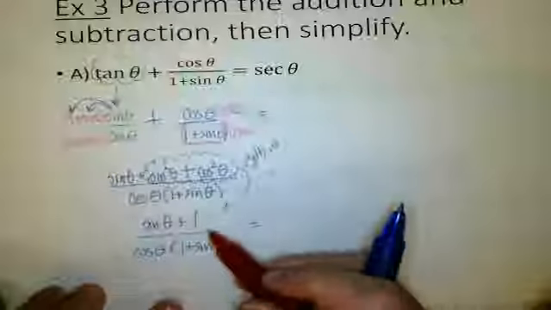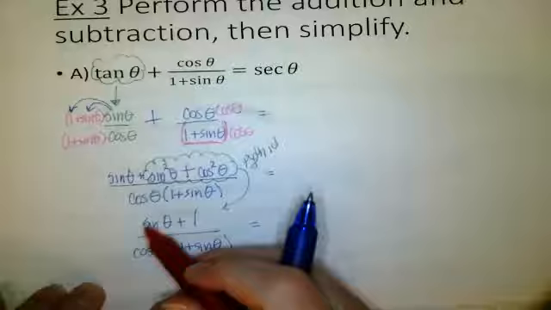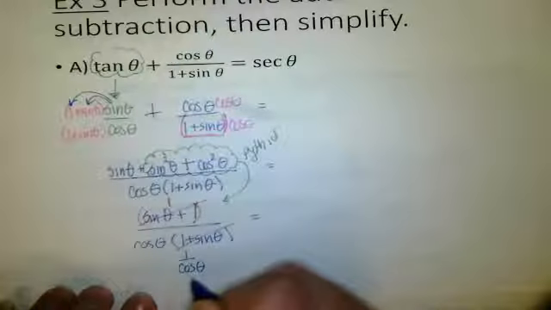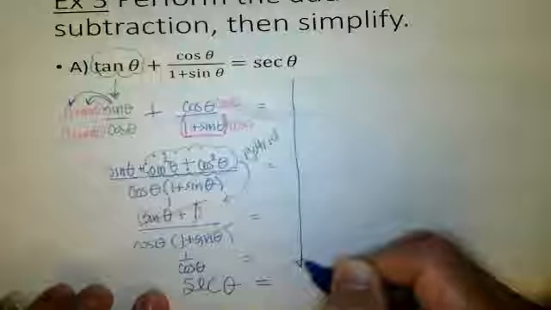It cancels out. What cancels out? The sine theta and the 1. Yes, this whole factor cancels out, top and bottom. It reduces, and we get 1 over cosine of theta, which is secant of theta. Yay!